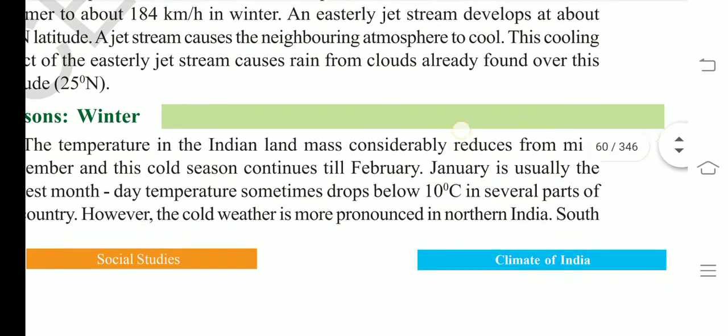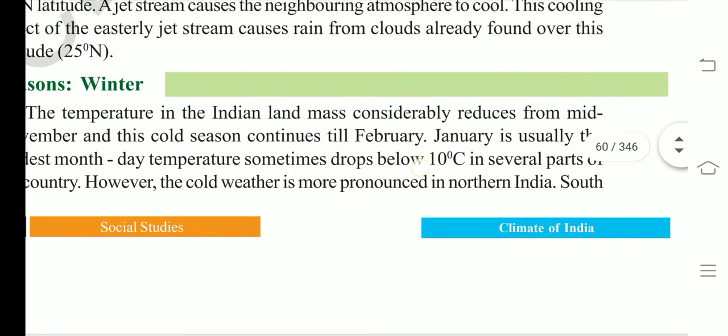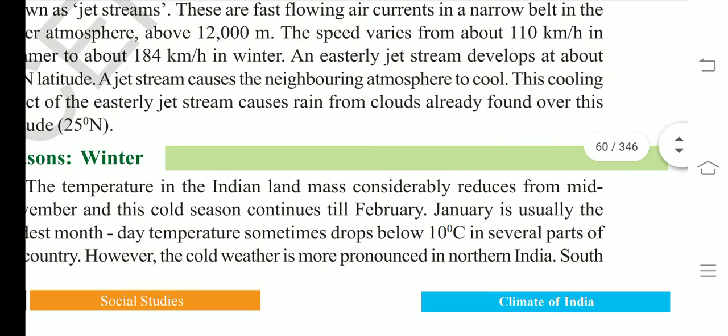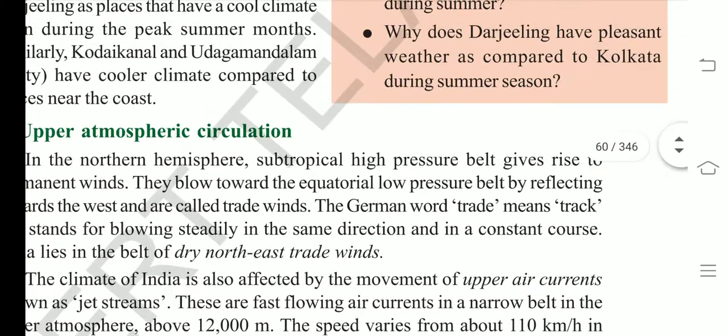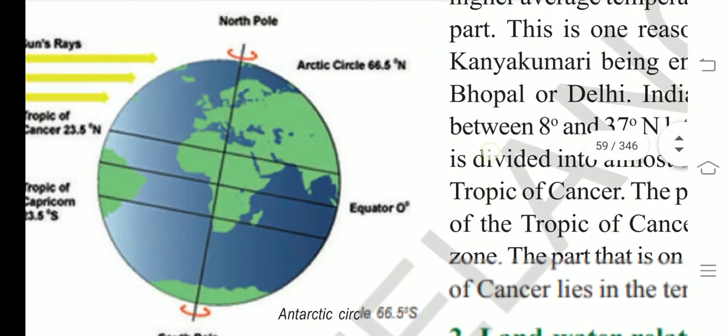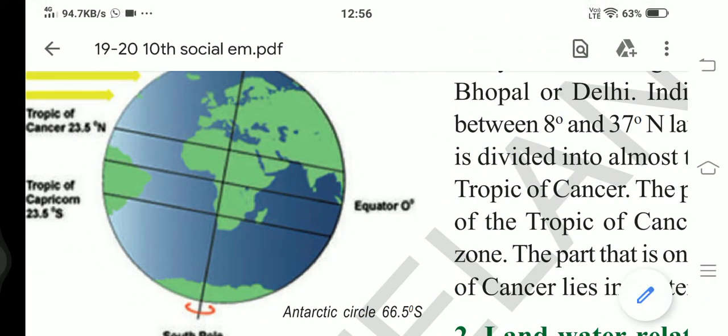So what happens in these months is the sun stands in the southern hemisphere. In lower classes you studied that on March 21st and September 23rd the sun stands at the equator, right? Then on June 21st the sun stands on the Tropic of Cancer, and on December 22nd the sun stands on the Tropic of Capricorn. Where is the Tropic of Capricorn? I'll show you. Okay, look, my dear students. This is the thing. The Tropic of Capricorn is this one.